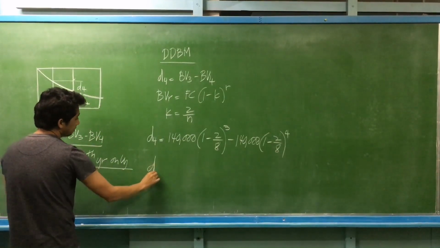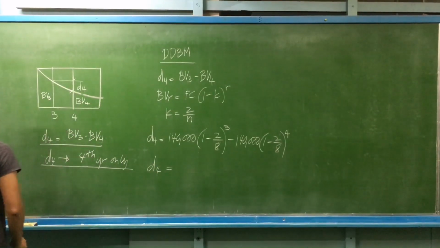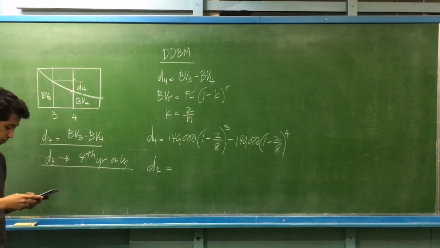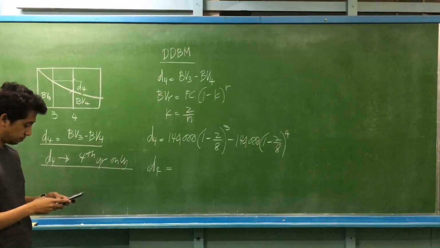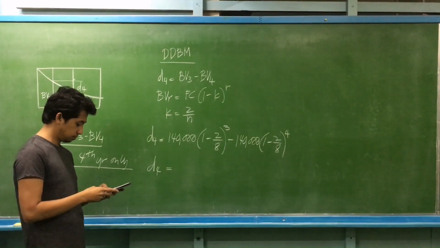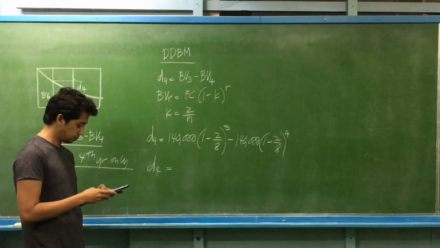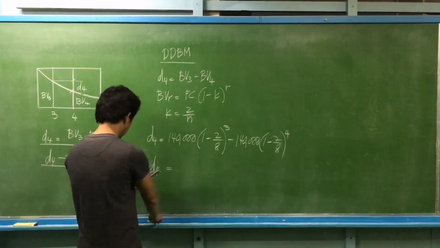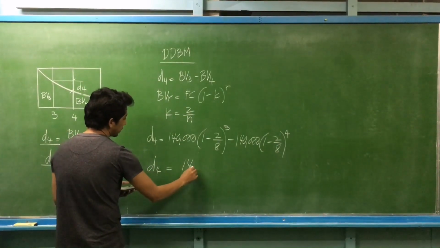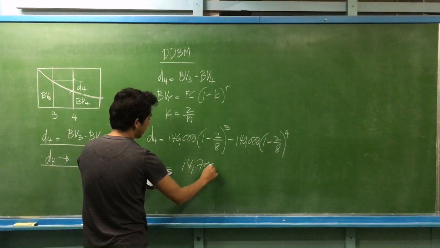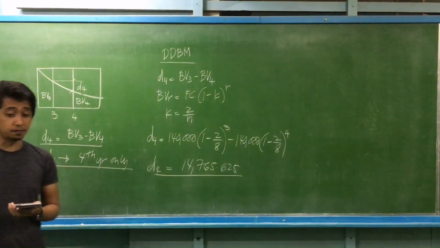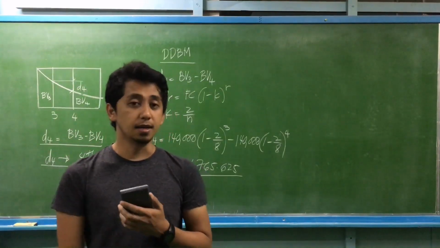So kunin lang natin yung kanilang difference. Okay, so the difference is equal to 14,765.625. Sa choices natin, it is letter D.